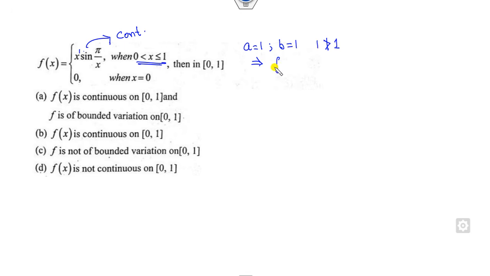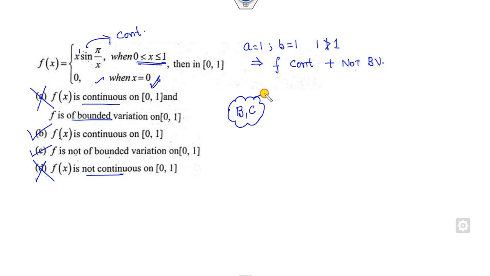So what does it mean? f is a continuous function, but it is not bounded variation. f is continuous, is bounded variation, cancel. f is continuous, fine. f is not bounded variation, fine. f is not continuous, wrong option. f is a continuous function, that's fine, because whenever x is 1, its answer will be 0. Whenever x is 0, it's 0. So it's always a continuous function, but not a bounded variation. So the right answers are B and C.